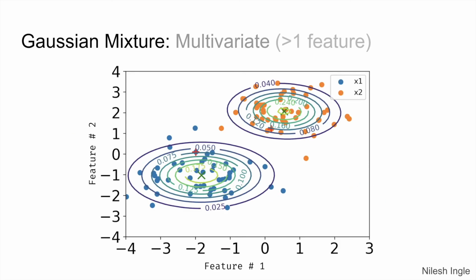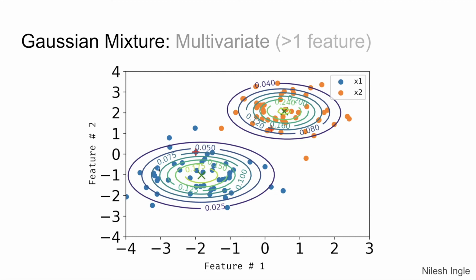And here is an example with more data points, and this could be called bivariate because we have two features. As we can see, the algorithm is able to nicely identify these two separate clusters, each of them represented, the centroid is represented right here in the center.